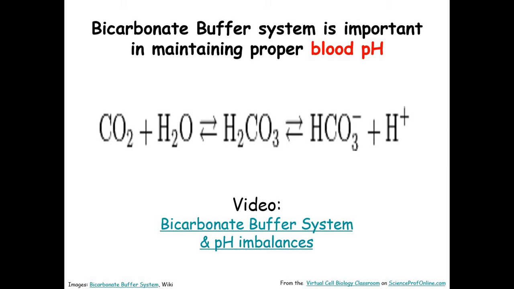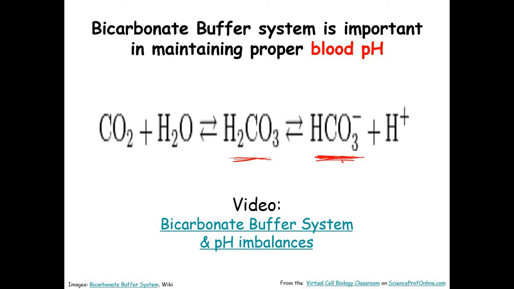So, to make a buffer, you have to make it from a weak acid and the conjugate base of the weak acid. For example, hydrogen carbonate is a weak acid and the conjugate base is this bicarbonate ion. Okay, so that is how you make a buffer.